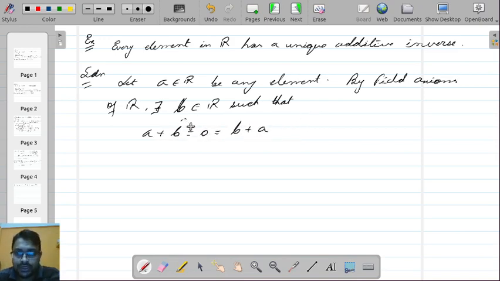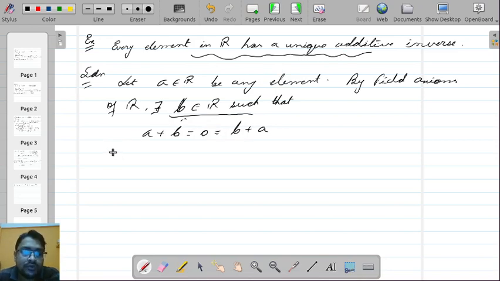This is what is happening for additive inverse. So given any a in R, the field axiom gives us the existence of one b in R which satisfies this. Now our aim is to show that this b is the only possible element which satisfies this, and no other element satisfies the same thing.